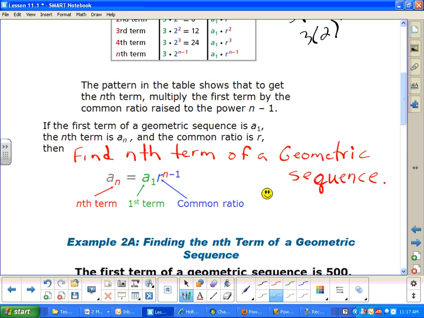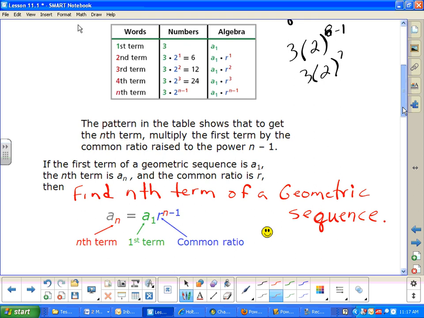So if they want to find the 8th term like we're doing up here, then we would say a sub 8 is equal to that, because it's the 8th term we are looking for. So a sub n equals a sub 1, which is the first term, times r, the common ratio, raised to the power of n minus 1.